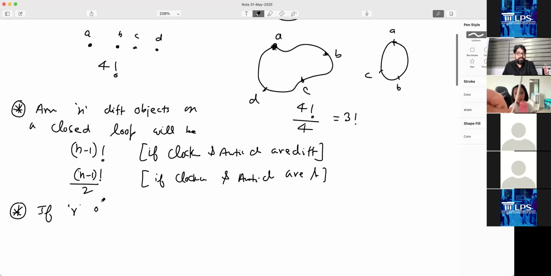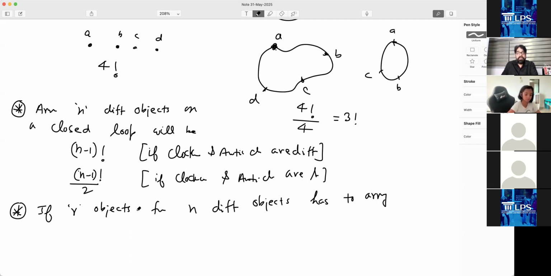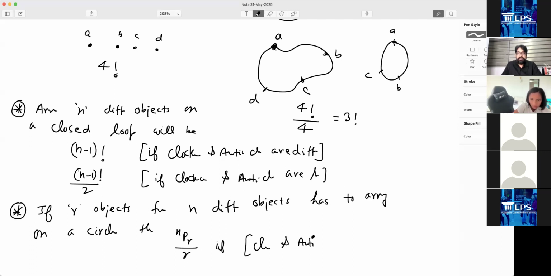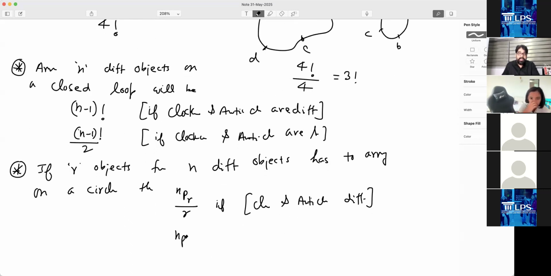If r objects from n different objects have to be arranged on a circle, circle meaning a circular loop or a closed loop, then the number of arrangements will be nPr by r if clockwise and anti-clockwise are different, and otherwise nPr by 2r if clockwise and anti-clockwise are same.